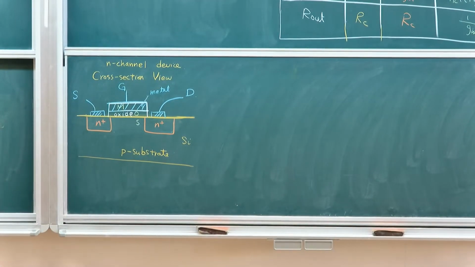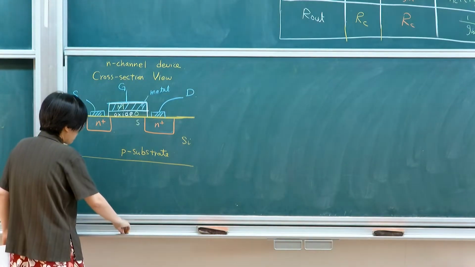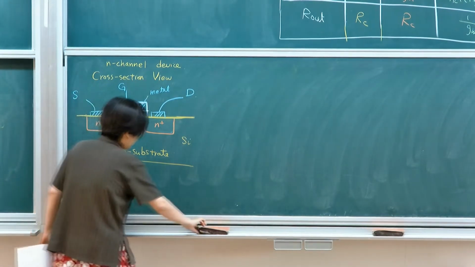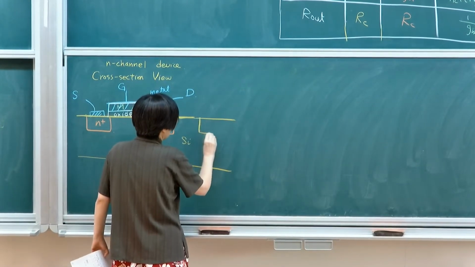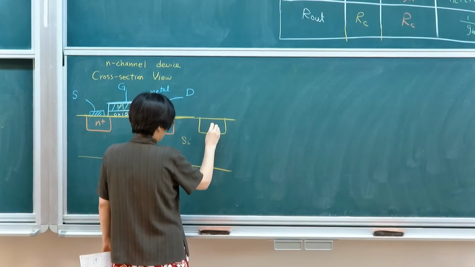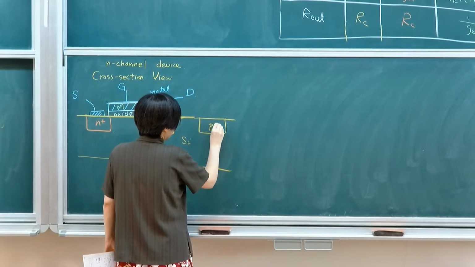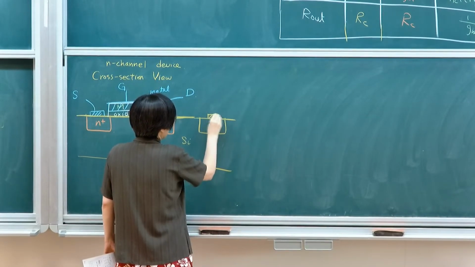If you look at this device, it's essentially a 4-terminal device because your substrate is typically biased at a certain point. So my substrate also needs something to pick up. I need to generate a pickup. This is the substrate pickup.